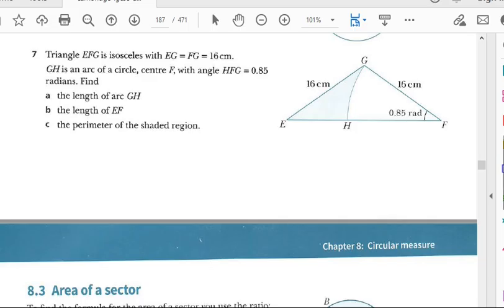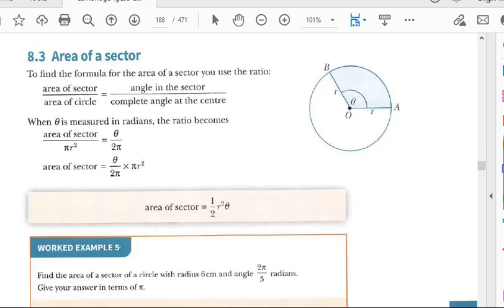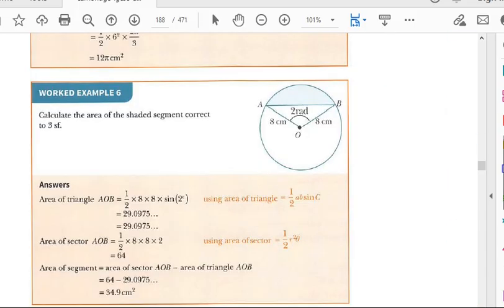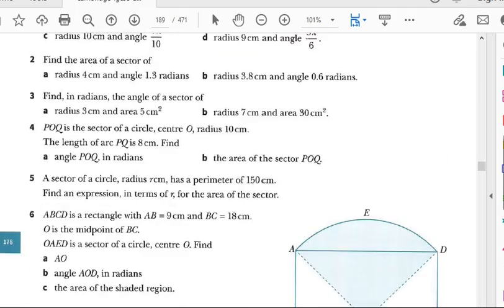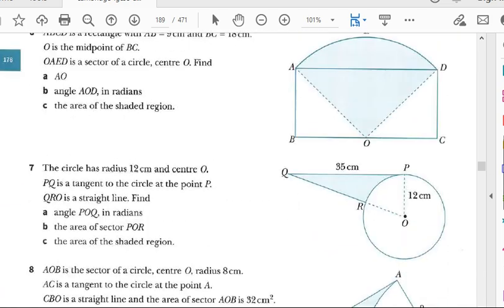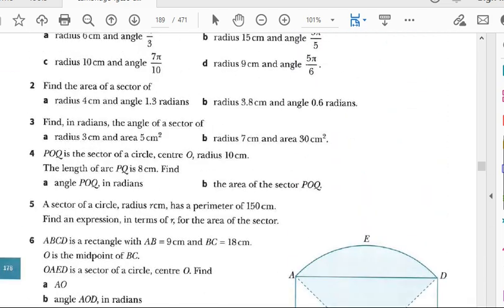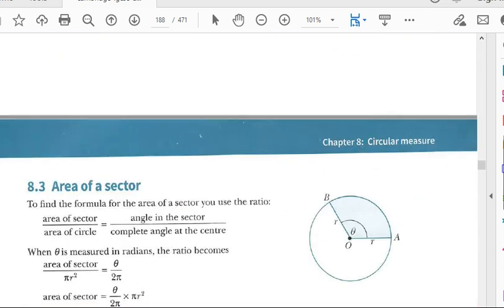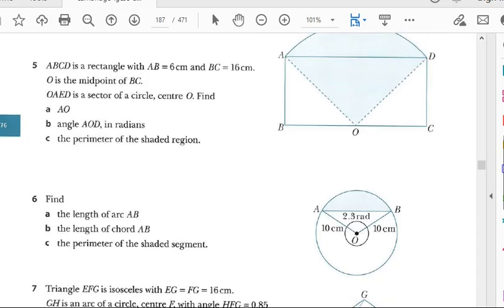What next? Area of a sector. We will do the whole exercise 8.3 in the next lecture. Indeed, we try to finish all questions. So today we have done exercise 8.2 from question number 1 to question number 7.